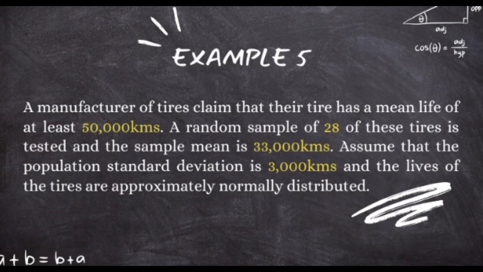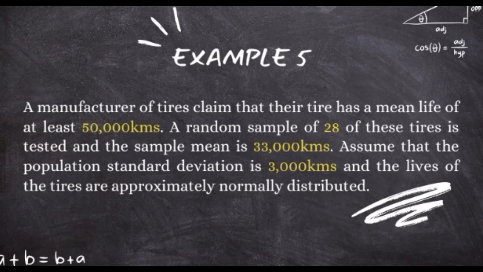So example 5, the sample size is less than 30, since the sample of these tires is 28. So 28 means the sample size is less than 30. Then, the standard deviation, what is the answer? Our standard deviation is known.